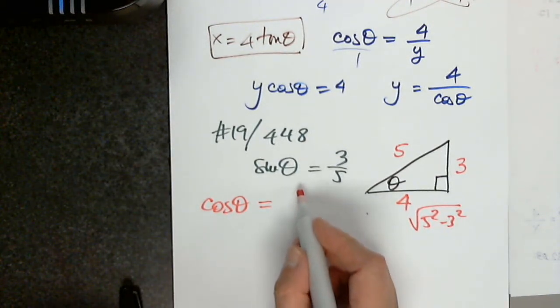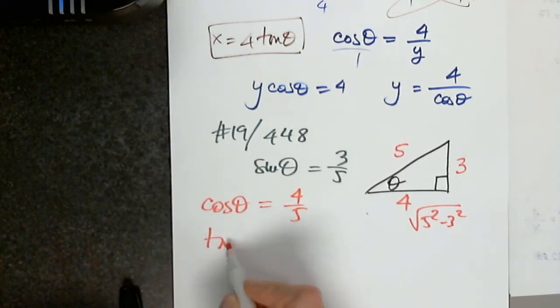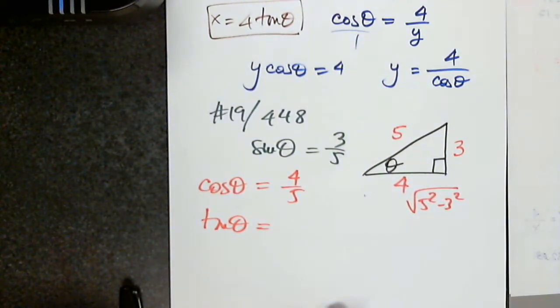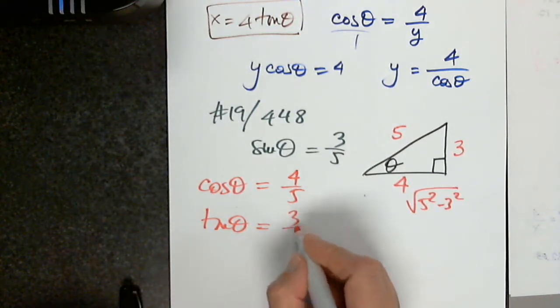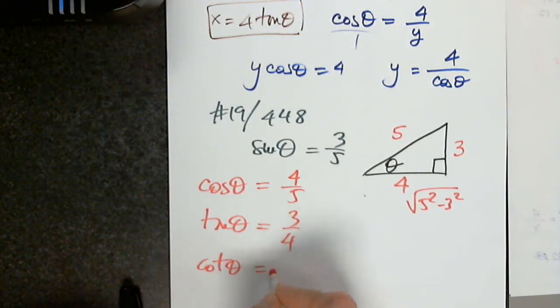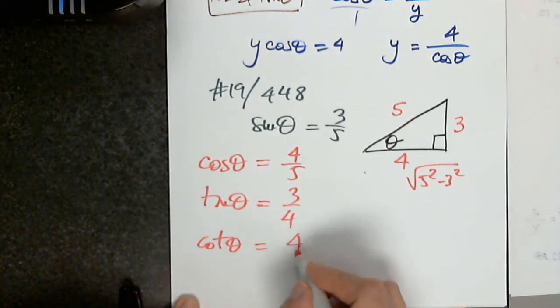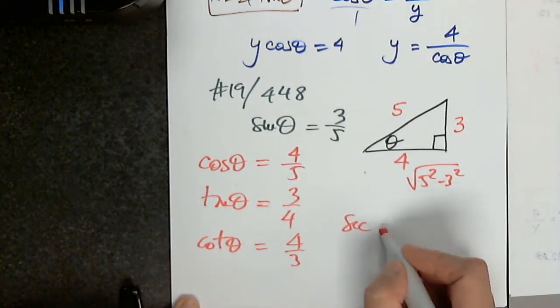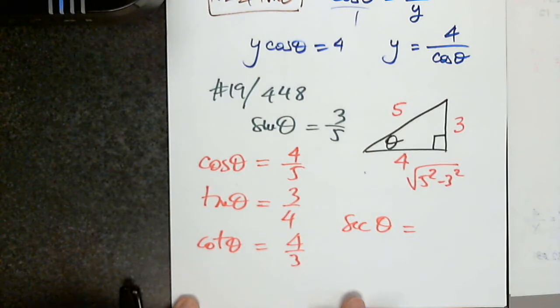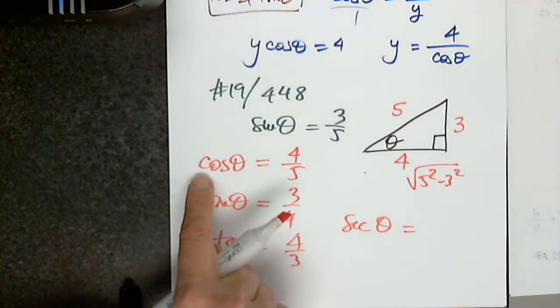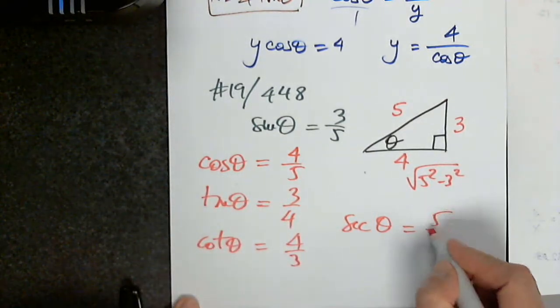So then you're going to give me cosine theta right away. So it's 4 over 5. Good. Then you're going to give me tangent theta right away. 3 over 4. Good. Then cotangent theta right away. 4 over 3. Good. Then secant theta right away. If it starts with S, it is 1 over this. 1 over cosine. 5 over 4.